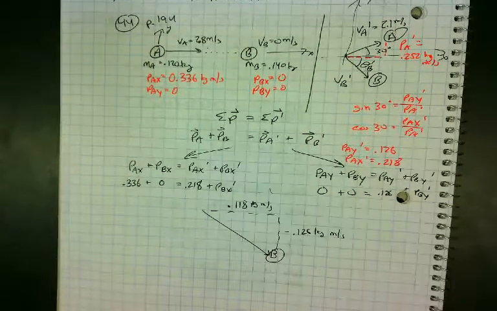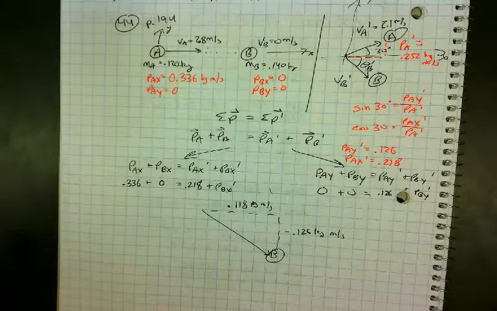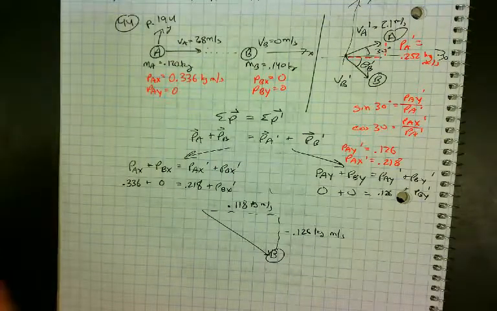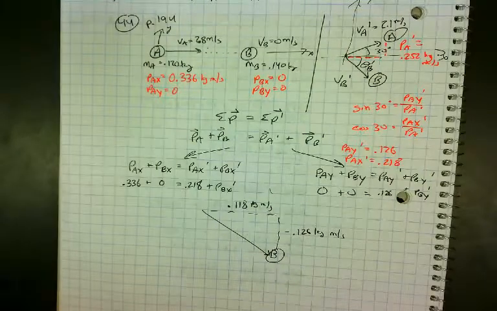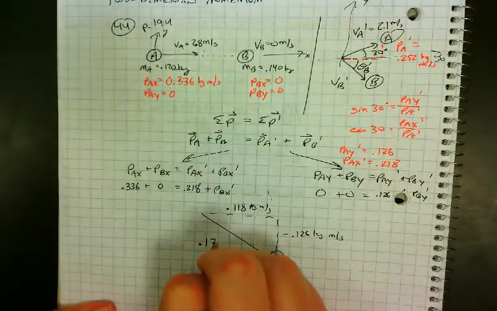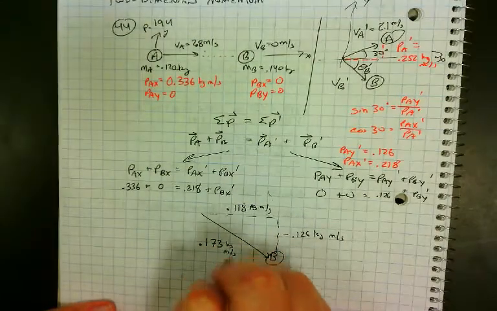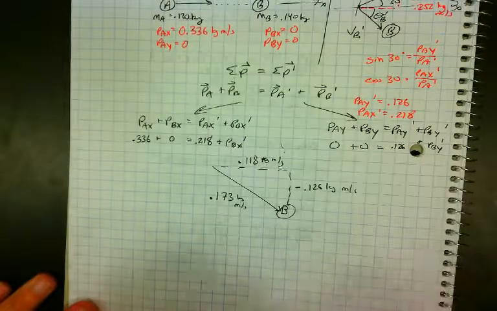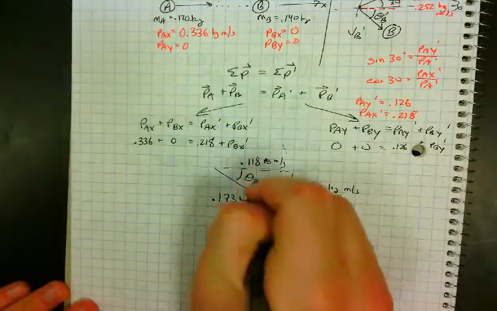And that's a triangle. We know how to deal with triangles. A squared plus B squared equals C squared. I'm getting that this comes out to be 0.173 kilogram meter per second. So now that's the P. Then let's get the angle while we're at it.